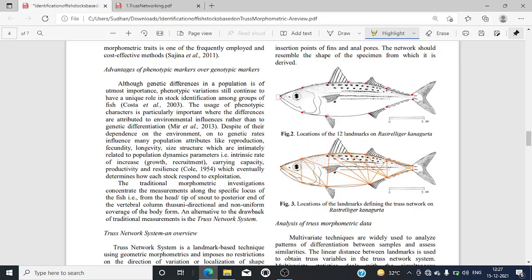Suppose you are starting with the tip of the snout, then go in this clockwise direction and end it in the pectoral region, either pectoral or opercular region, so that this clockwise direction should not be changed while digitizing your landmarks. Suppose if you have misplaced, you need to delete that one and start from the beginning. That is the major problem or lacuna in truss networking.